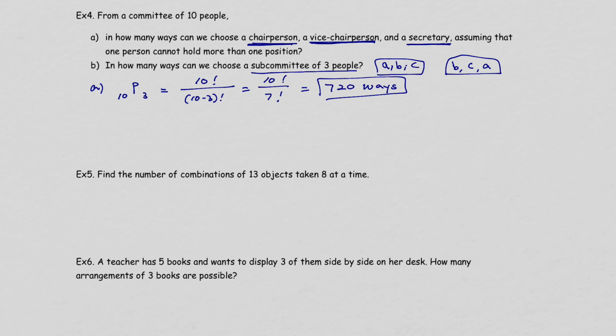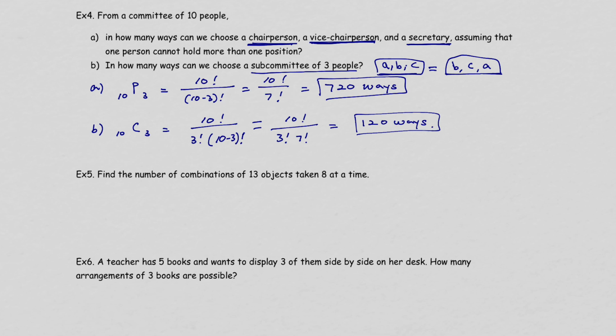So in this case, order is not going to matter, right? Because this is going to be the same as that. So because order does not matter, we're going to use a combination here. Still, out of 10, we're picking 3. So that will be 10 factorial over 3 factorial times 10 minus 3 factorial, which is 10 factorial over 3 factorial times 7 factorial. And this gives you 120 different ways. So that's the difference between combinations and permutations.